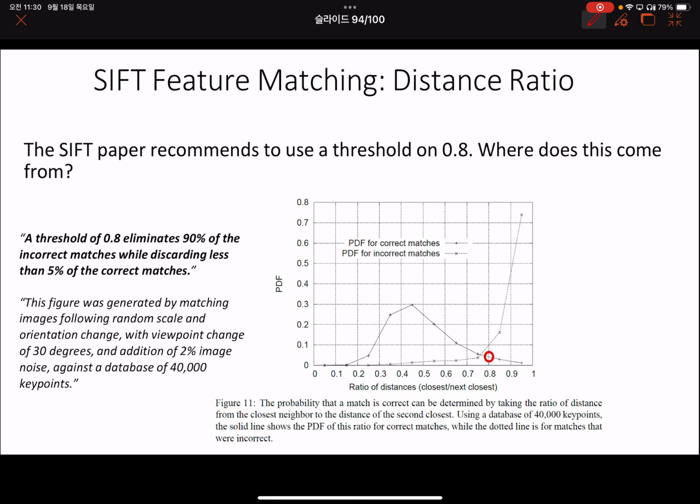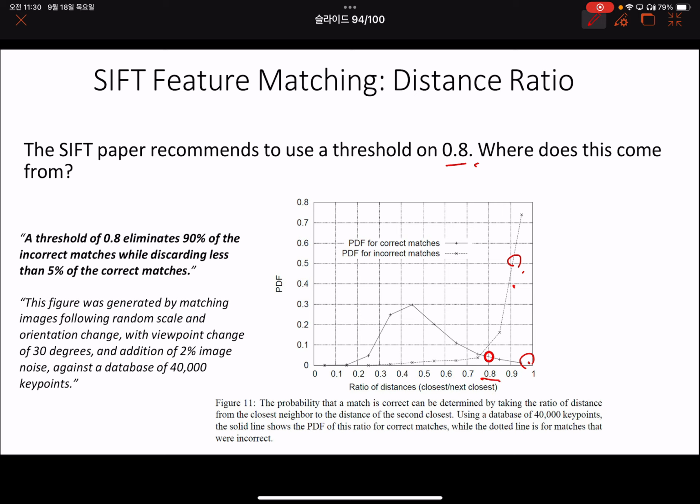And this graph shows the SIFT paper recommends using 0.8. Here, as you can see, this is the PDF, the probability density function, and this is correct, and this is incorrect. As you can see, if the ratio is 0.8, only a very small amount of positive matches are ignored, right?